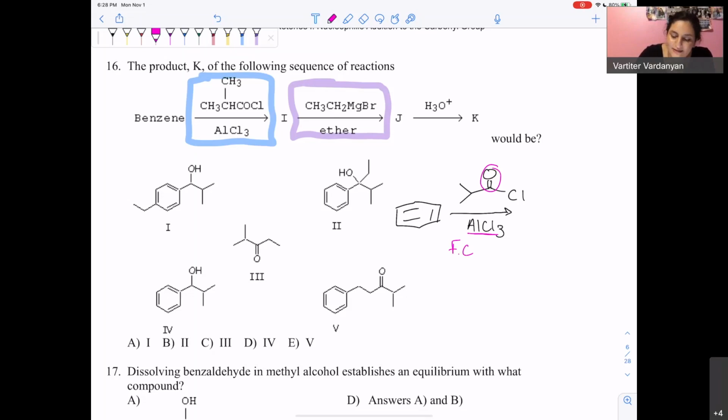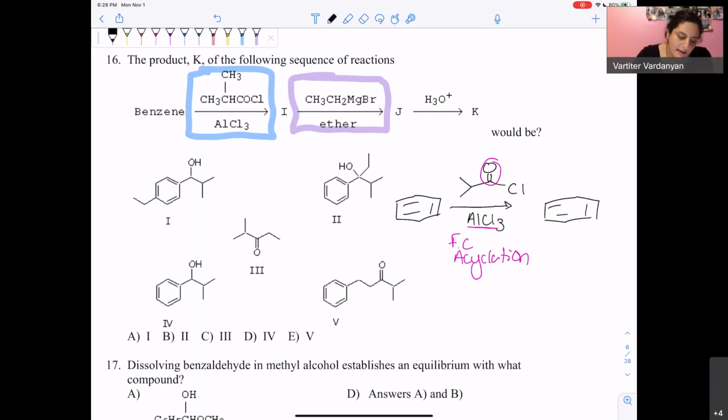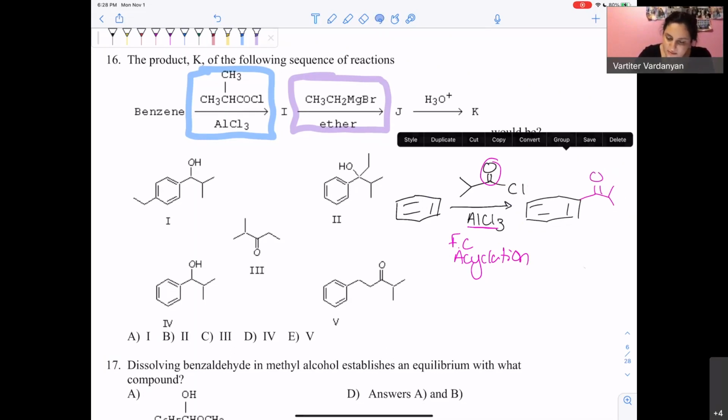Friedel-Crafts acylation. Cool. Perfect. And we know that in a Friedel-Crafts acylation, we just kick this guy off and we stick it to the benzene ring. So we get benzene and we add, bam. It's over just a tad so it's not squished. Okay.